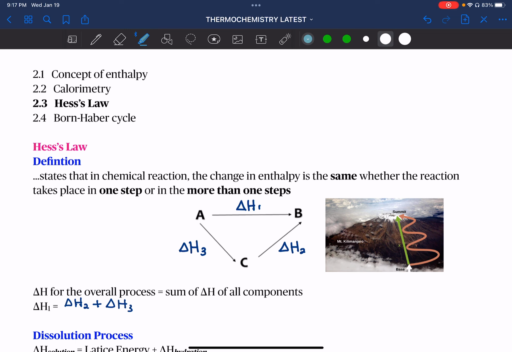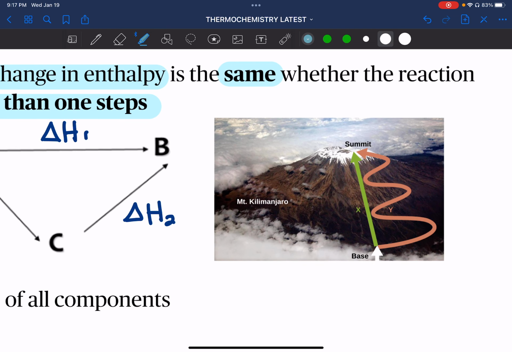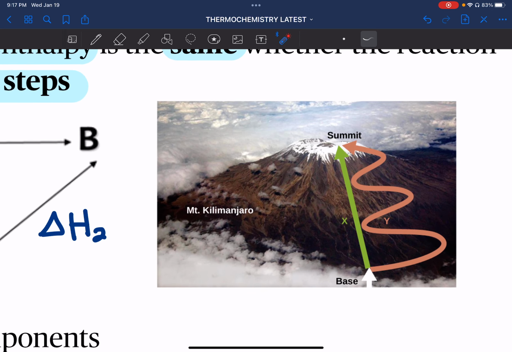So Hess's Law states that in a chemical reaction, the change in enthalpy is the same whether the reaction takes one step or more than one step. So madam ambil contoh lah. Let's say kita nak daki gunung Kilimanjaro. Let's say lah ada dua path.